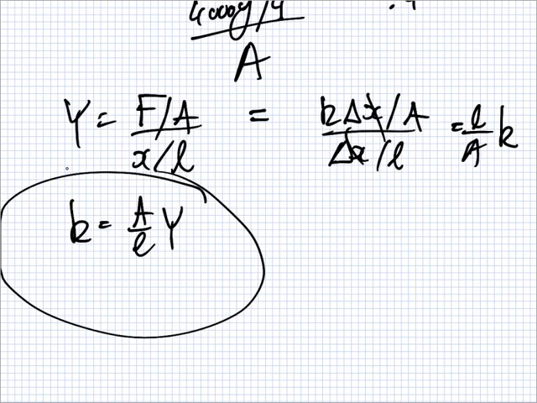What's the natural length? 2. And then the area? 0.02 squared.